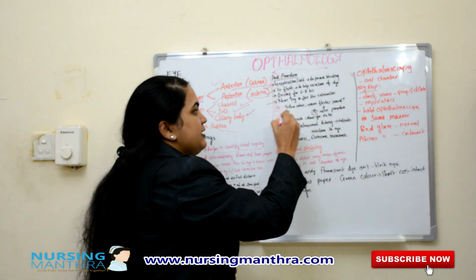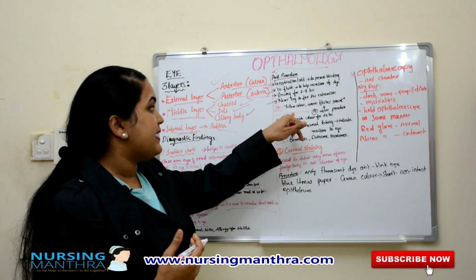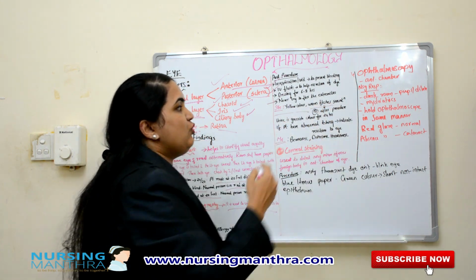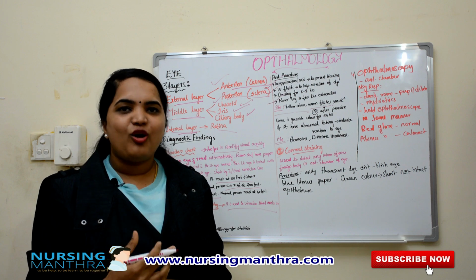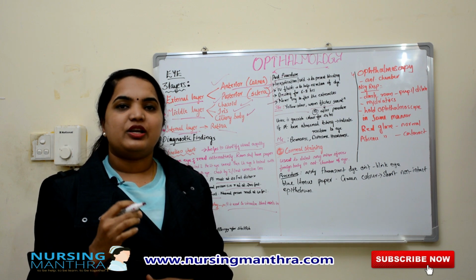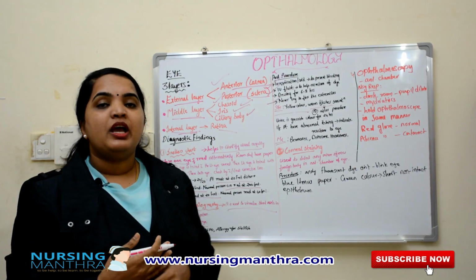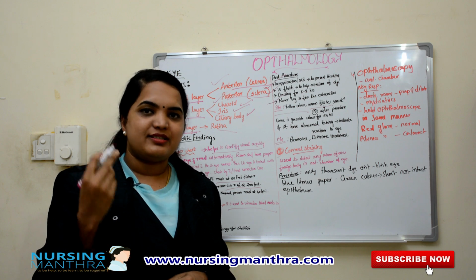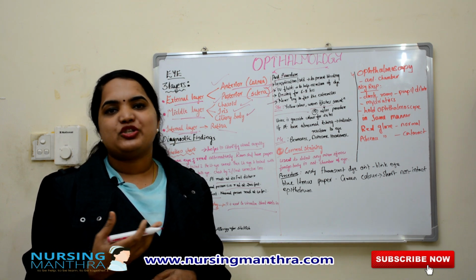Then at the site, if you see a yellow color, or the patient gets a warm flush sensation, inform the patient it is normal after the procedure. Usually in exam questions, they will ask like this: after the fluorescein angiography, the patient experiences yellow color at the site and some hot, warm flushes in the eyes, and the patient is complaining to you.